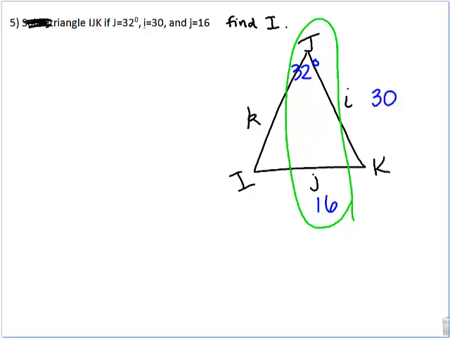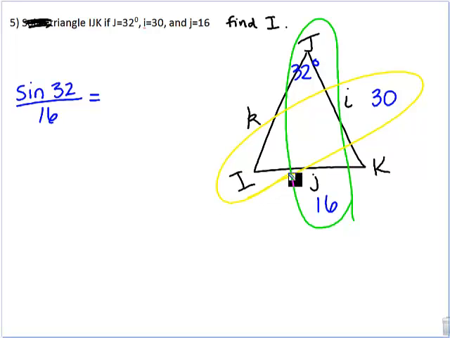So sine 32 over 16 is equal to, we're looking for angle I, so not sine of 30, it's sine of I over 30, because we're looking for the angle.